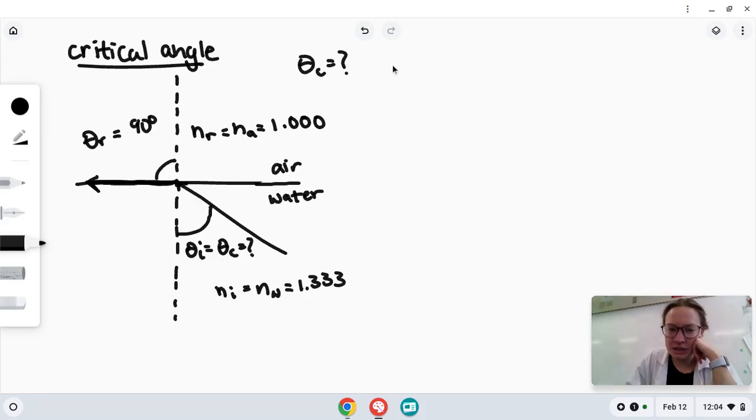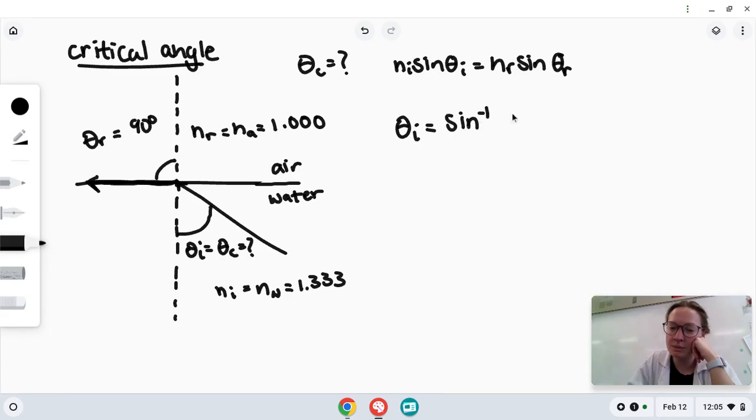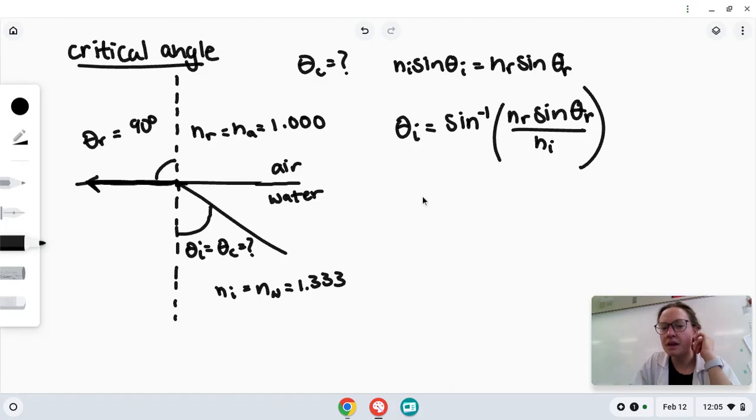And now, here's what we'll do. We'll start with Snell's law. We've got N_I sine of theta_I equals N_R sine of theta_R, like this. And now we're going to plug in numbers here.